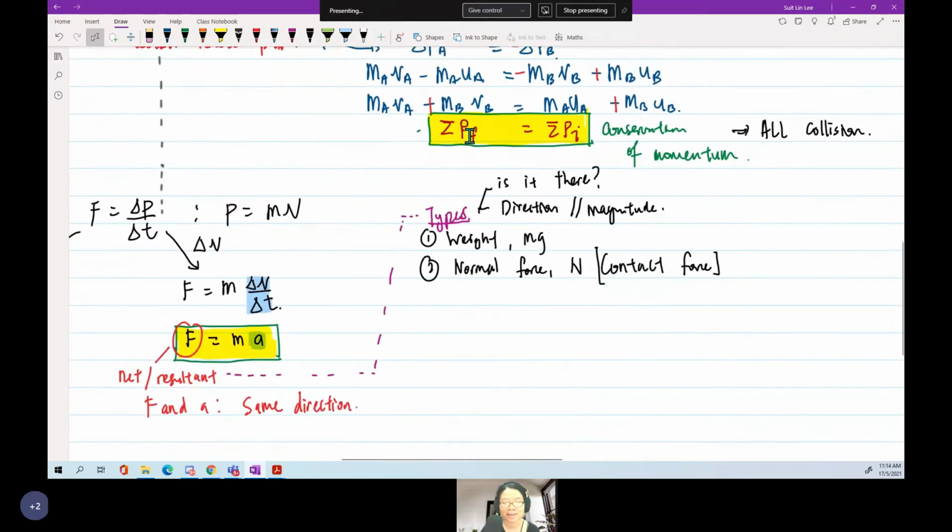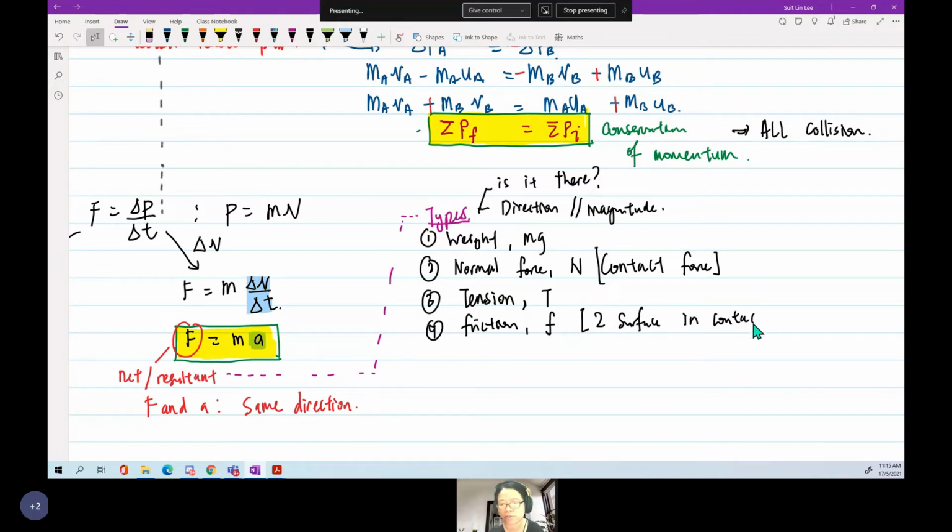Okay. Three. Tension. Tension only exists when there is a rope. Four. Friction. Normally we use F. This is normally when you have two surfaces in contact.